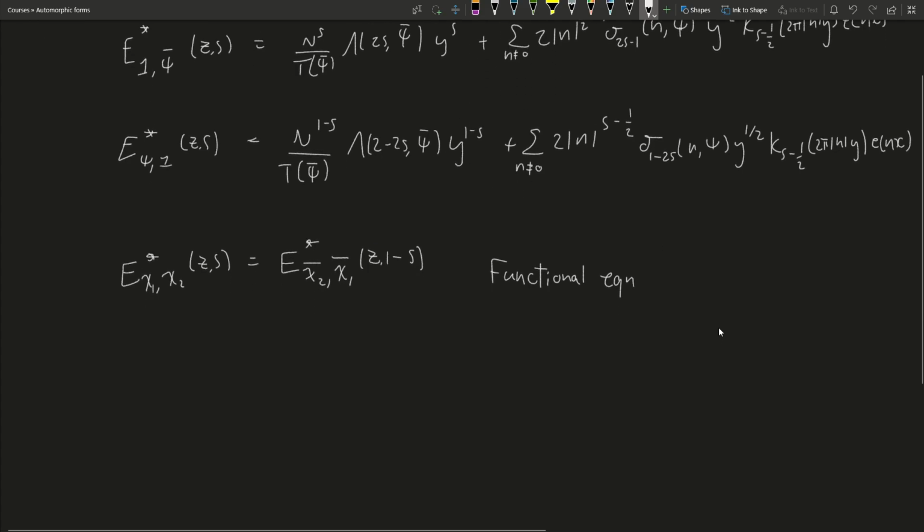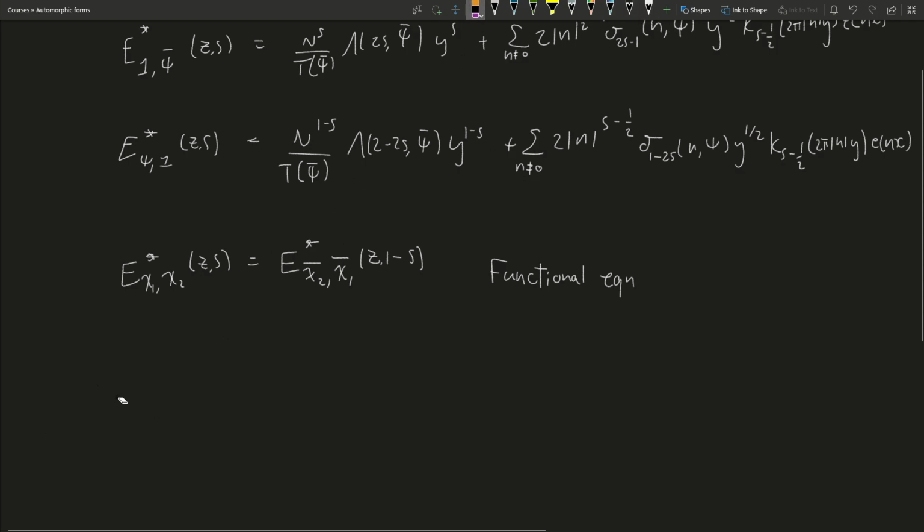So let's start with the constant term. Here we want to say, let's look at this one, and let's swap the two characters, conjugate them, and then replace s with 1 minus s. Let me write this out a little bit more clearly.